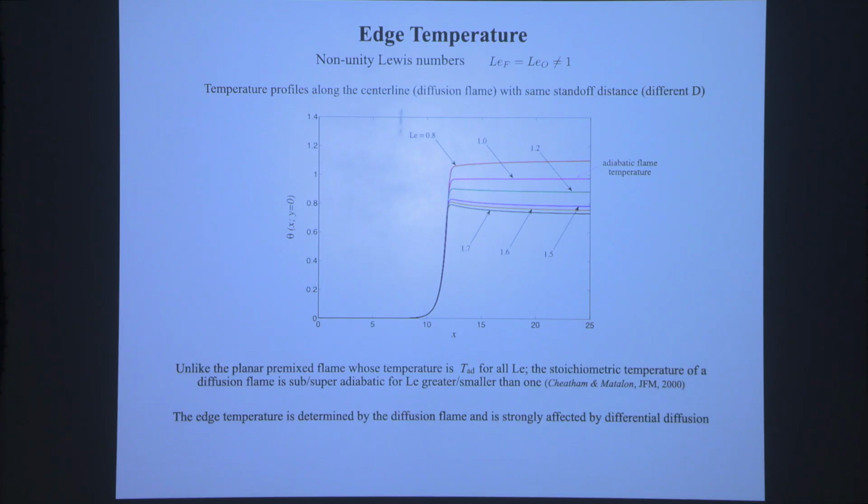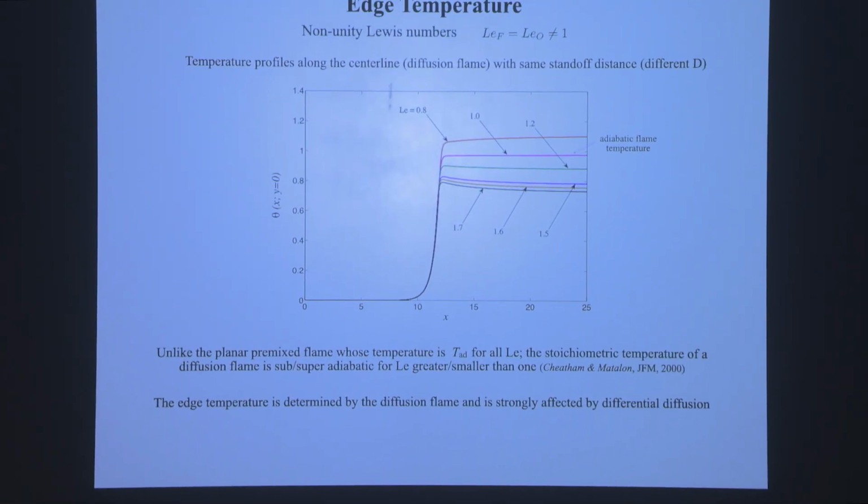That's interesting because that also is consistent with what I showed you earlier, that unlike a premixed flame where the flame temperature is always the adiabatic temperature, for the diffusion flame, the flame temperature depends on the Lewis number. It can be above or below adiabatic.